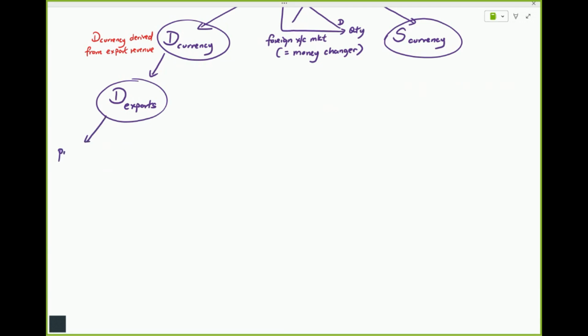It's a function of price competitiveness of your exports, income levels, and quality competitiveness.